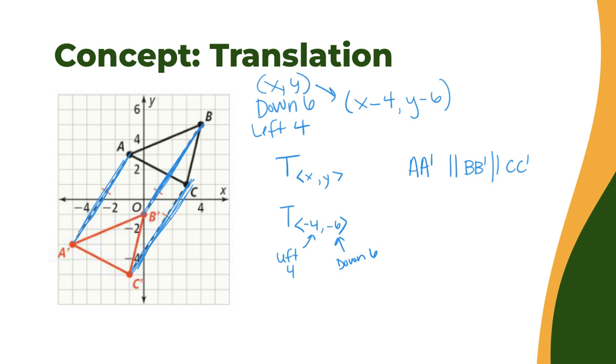Those lines have to be parallel. In a translation, you will have the same orientation, meaning we haven't changed the order that the points are written. And we noticed last class that it is a rigid motion, meaning length and angle measurements are preserved.